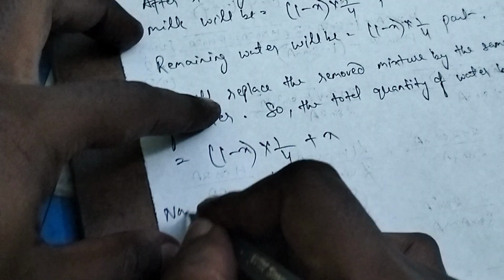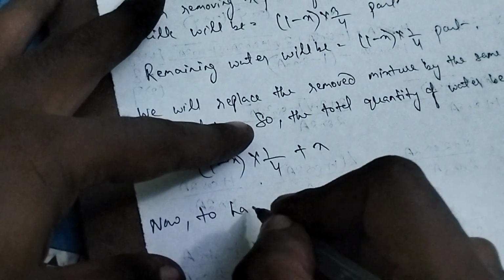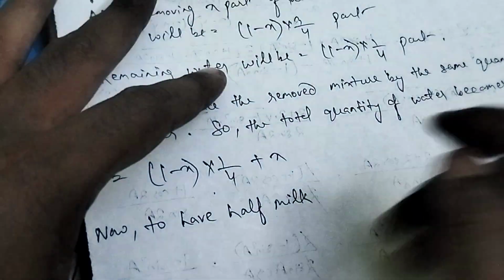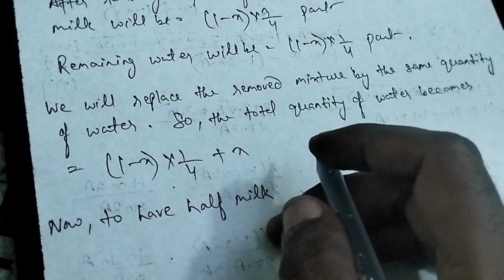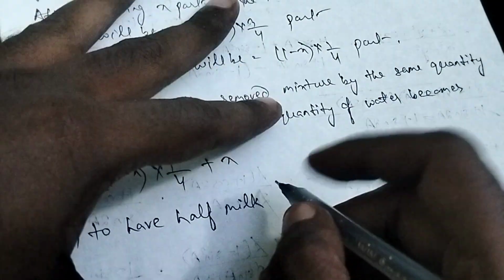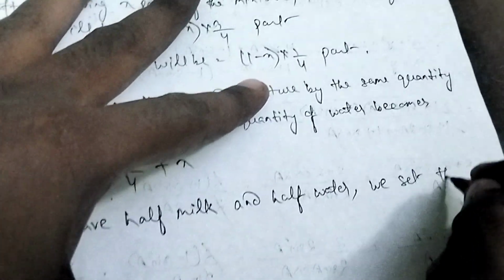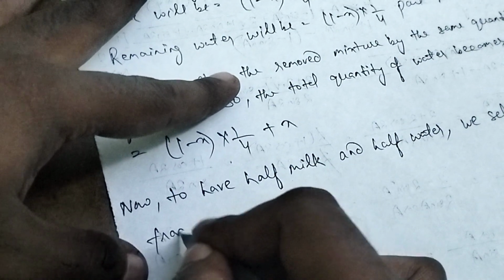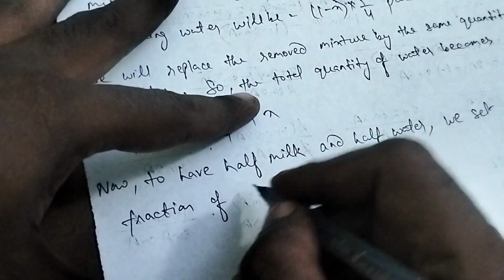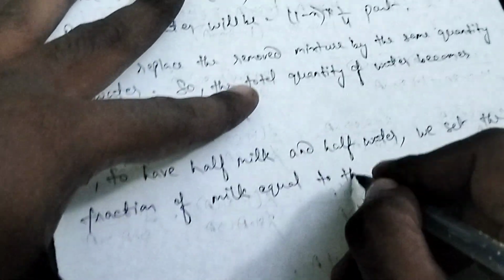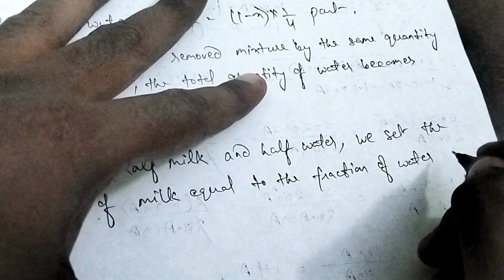So now, to have half milk and half water, we set the fraction of milk equal to the fraction of water.